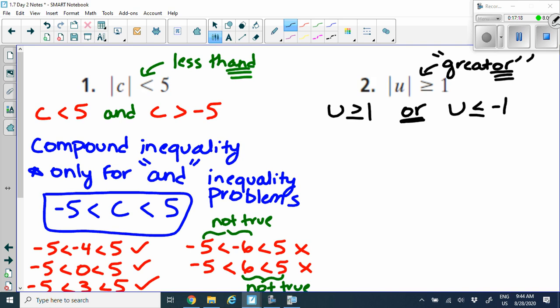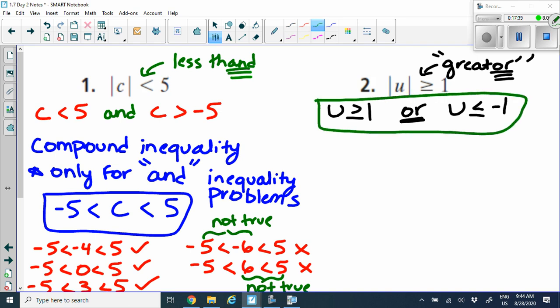Now, with or problems, we do not use a compound inequality. Remember, that is only for and problems. So basically, this is our final solution here. And if we look, do we really need to solve for the variable? No. So this is our final solution for what we solved for.